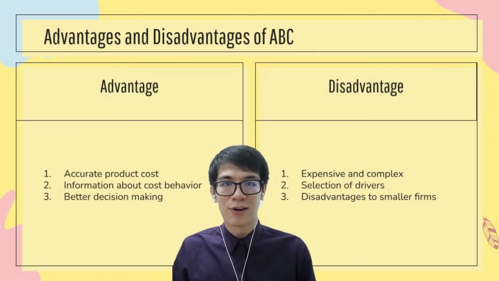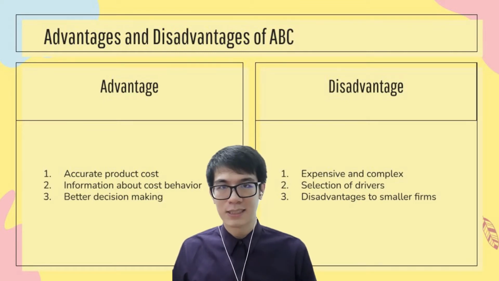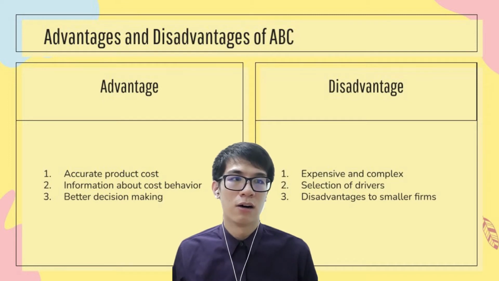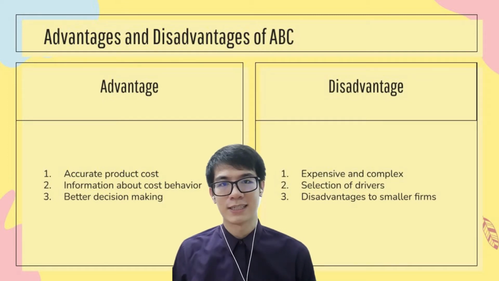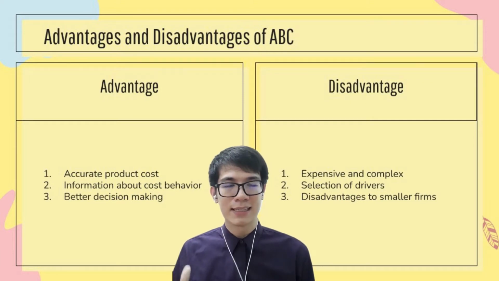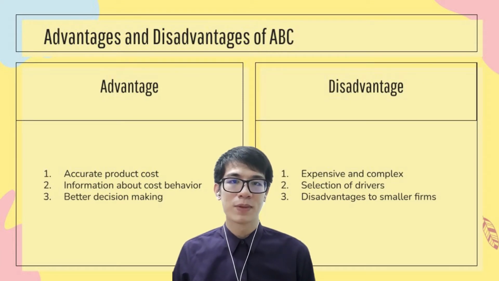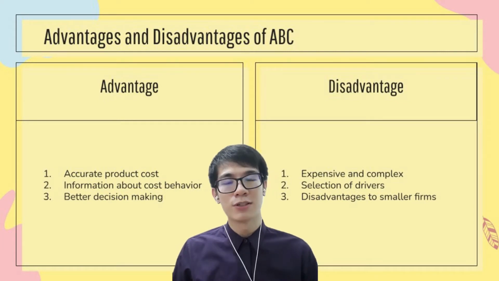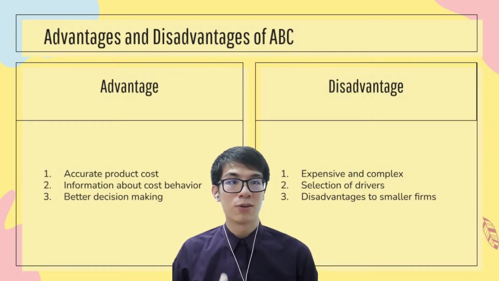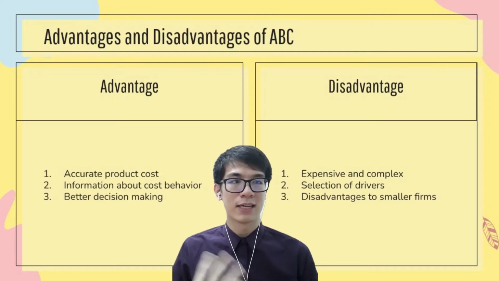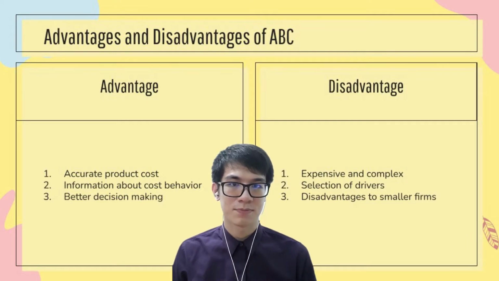It is for companies that use or depend on cost plus pricing, while smaller firms depend more on market-based pricing, which does not suit them. This is why ABC only suits cost plus pricing, because it gives an accurate product cost.